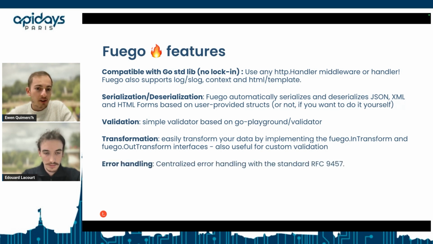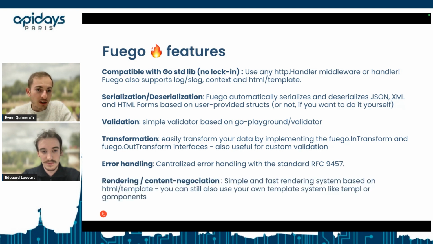We have centralized error handling, which implements the latest RFC. We also handle rendering HTML and content negotiation. So you just return your type, and Fuego takes care of serializing as whatever the client asks.